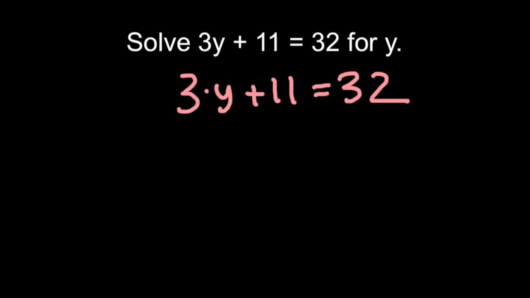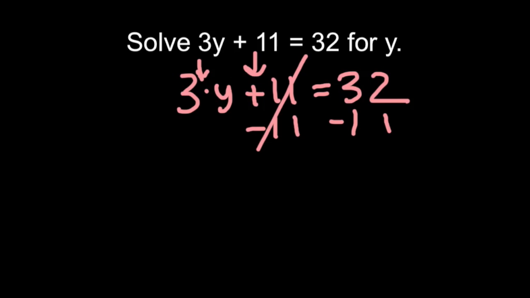Now normally we would do this multiplication first, but because we're doing everything backwards to reveal what y is, we're going to work backwards and deal with the addition. The opposite of addition is to take away 11 from both sides of the equation.